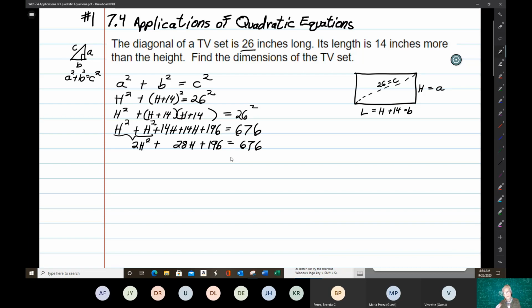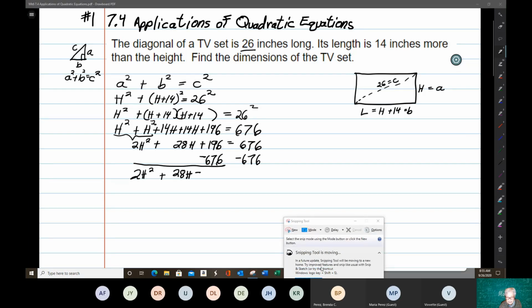I have to pull everything over to one side, set it equal to 0. So minus 676, minus 676. We'll have 2h squared plus 28h minus, because the larger number is minus, 6 minus 6 is, well, let's just do it on the calculator.